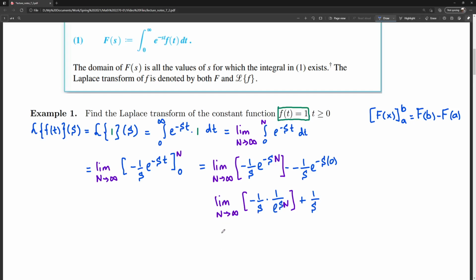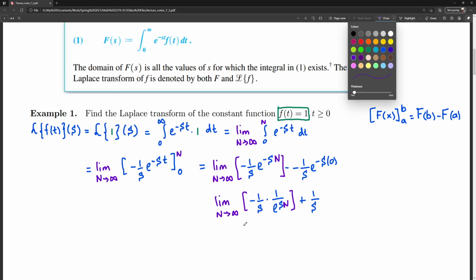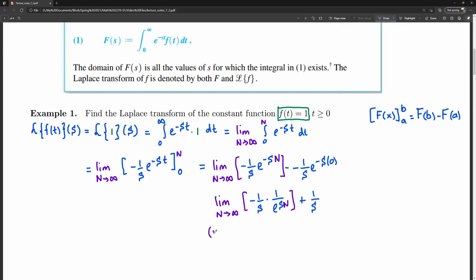So if we write that down here, if s is greater than 0, then sn goes to infinity when n goes to infinity.